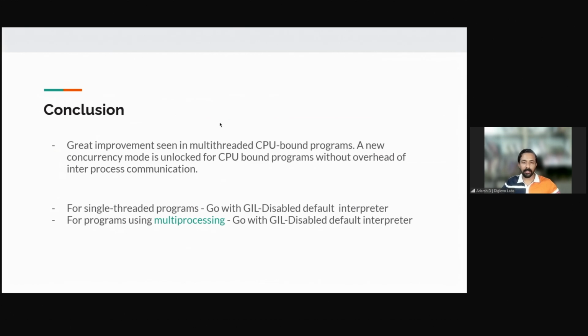But the great improvement can be seen when we have CPU bound programs which are running in multi-threaded environments. Previously we were unable to use CPU bound programs with threading. There were no performance improvements, but for Python developers, we are now seeing a new concurrency mode being unlocked for us if we are using the free threaded build.